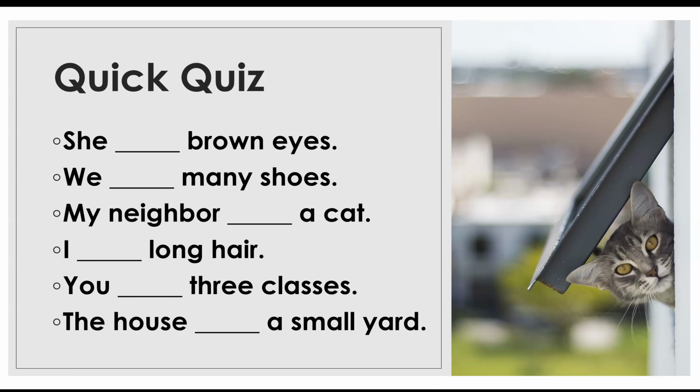We, many shoes. My neighbor. A cat. I, long hair. You, 3 classes. The house. A small yard. Okay, so I'll give you 5 seconds to pause the video and practice.